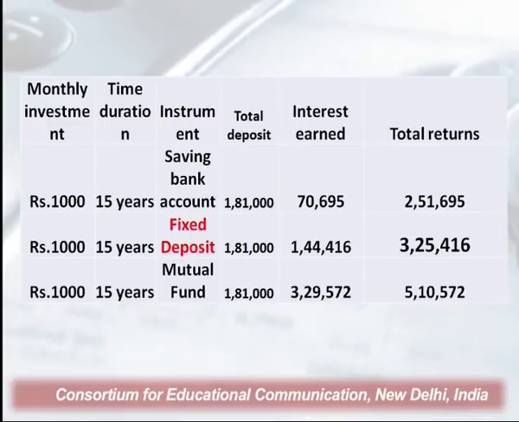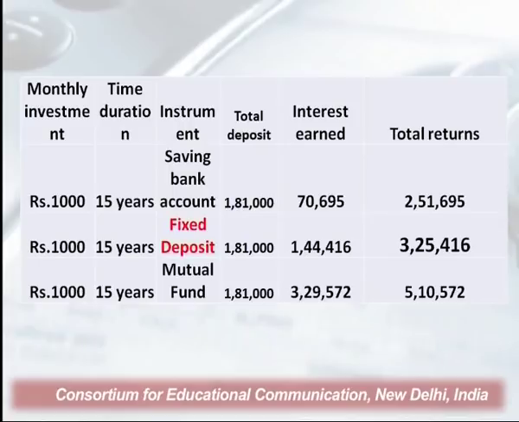For a period of 15 years, if every month you have a systematic investment plan and you are saving 1,000 rupees in that plan, after 15 years the total money you have deposited is 1,81,000, and the amount you will get after 15 years with the average return of mutual funds, which we have researched, and everybody says that 12% is the average return which the mutual fund industry is giving, your total returns will be 5,10,572. So approximately it's more than double of what you are getting in a savings bank account.